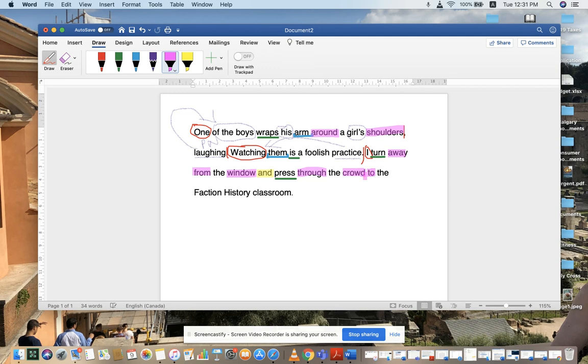To is my preposition, the classroom. And it's not just the classroom, it's the faction history classroom. So object of preposition. Now, remember that to is an indirect object, but because here's the verb of motion, it's an indirect object of press and turn. So I am indirectly affecting the classroom of faction history because I am going there.